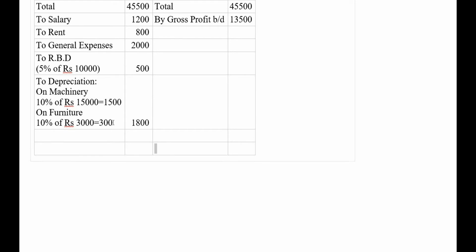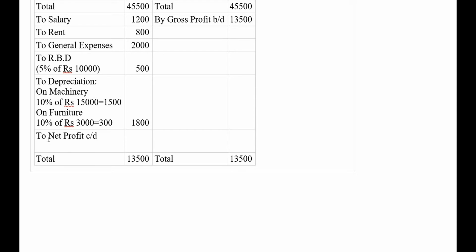So the credit side is more, total that comes to 13,500. Let us write down the total here. So total 13,500. So the difference is to net profit carried down, transfer to balance sheet.